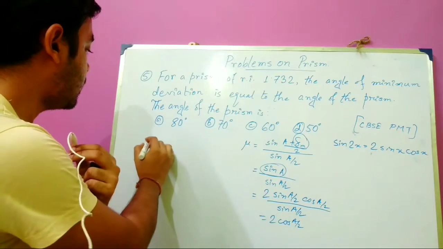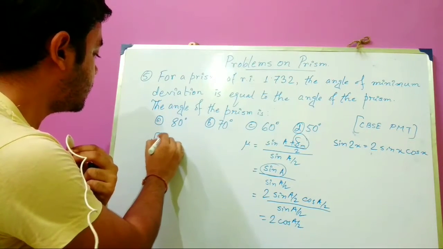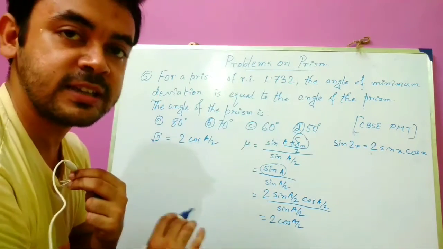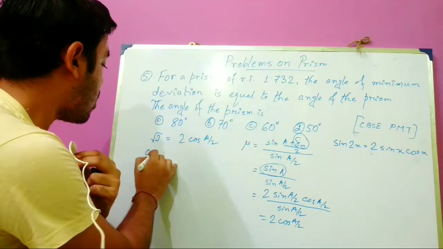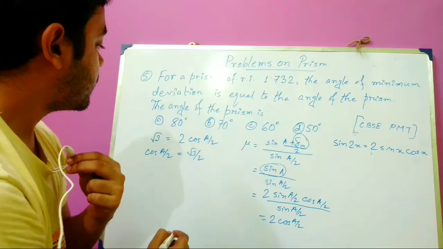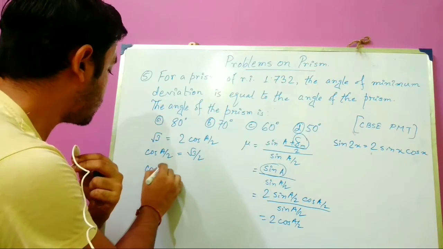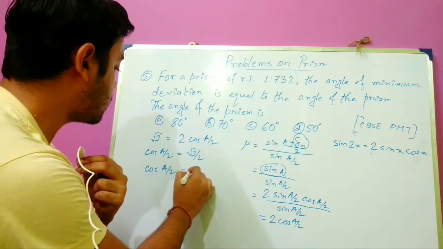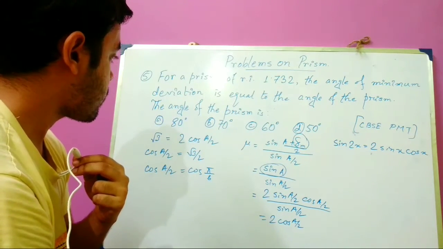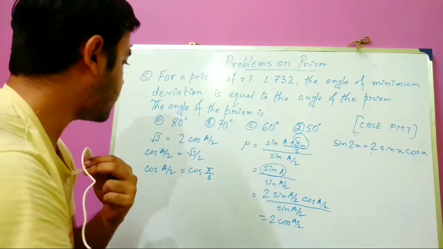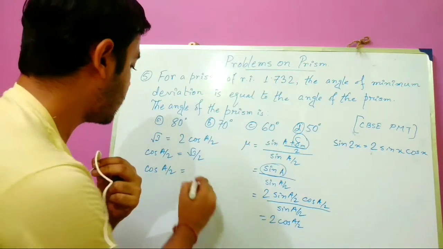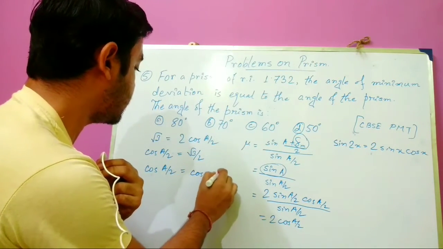Okay, the value of mu is root 3, equal to 2 cos A by 2. Is it clear? Now cos A by 2 will be equal to root 3 by 2. This is cos A by 2 equal to cos pi by 6, or since the options are in degree, we will write it as cos 30 degree.